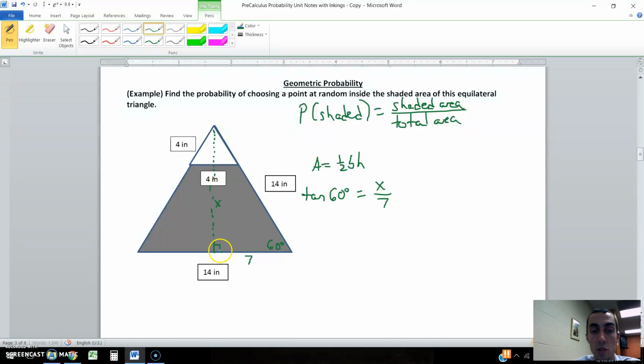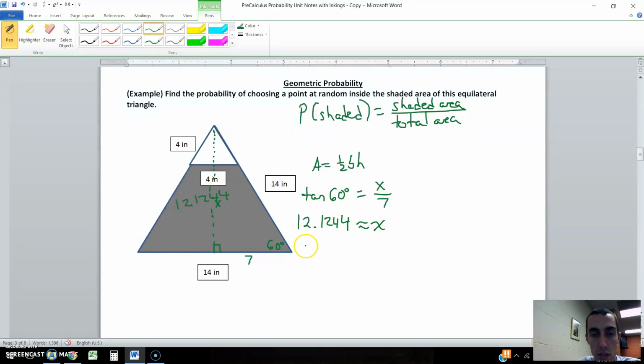Remember, if this wasn't a right triangle, you'd have to use law of sines. So, enter these into your calculator, multiply both sides by 7, and we would get that x is approximately 12.1244. So that's how tall this is, approximately 12.1244 inches.